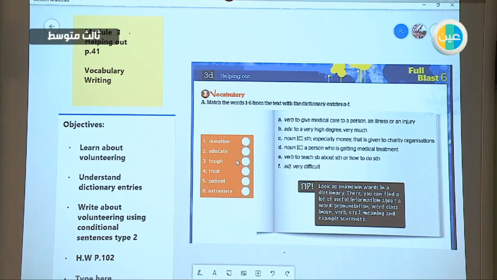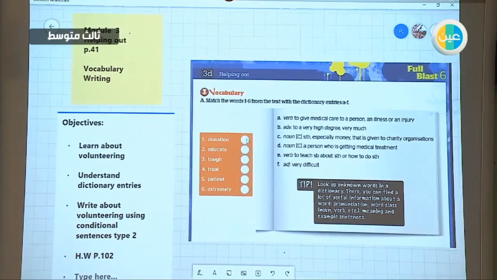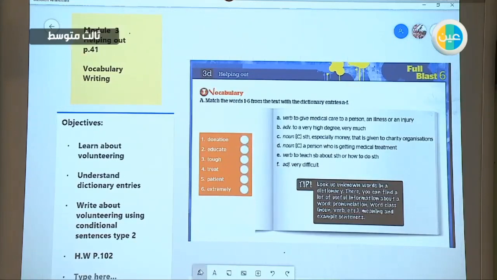Okay, let's start with the first one. Donation. What do you think the meaning of donation is? And which part of speech is it? Is it noun, verb, adjective, or adverb? Okay, so donation means, it's a noun, especially money that is given to charity organizations.